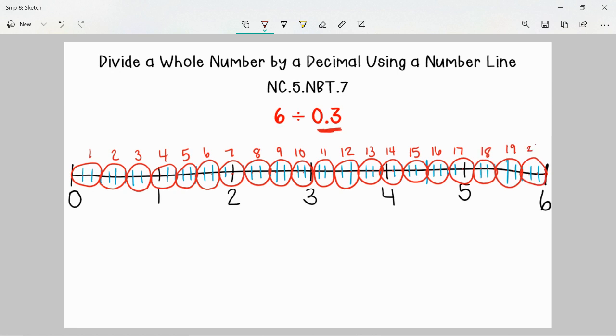There's the last group of 3/10, and we do end up with 20 groups. And so through this work, we can see that 6 divided by 3/10 is equal to 20.